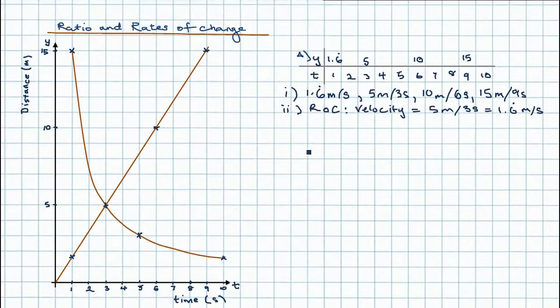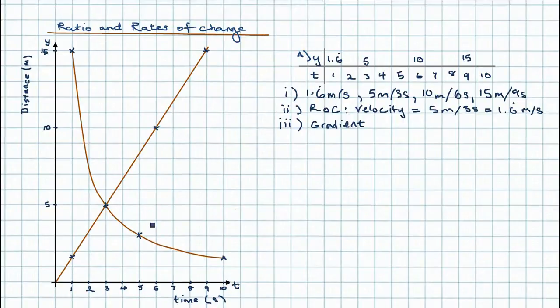Let's now think about one further thing, which is the gradient of this line. So the gradient of a line can be found by taking 2 points on the line and considering the distance on the y over the distance on the x-axis, in this case the t-axis.